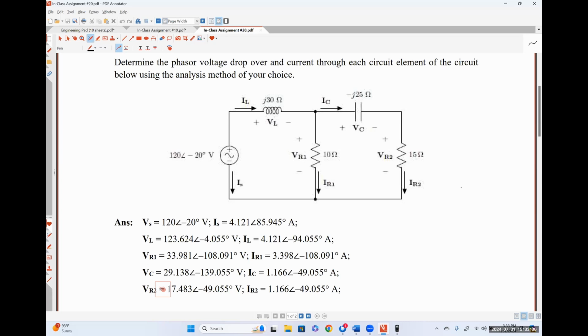The reason why I'm explicitly saying to avoid nodal analysis and mesh analysis is because our calculators can't solve systems of equations using complex numbers. So I want to get you guys in the habit of trying out other things. Okay.